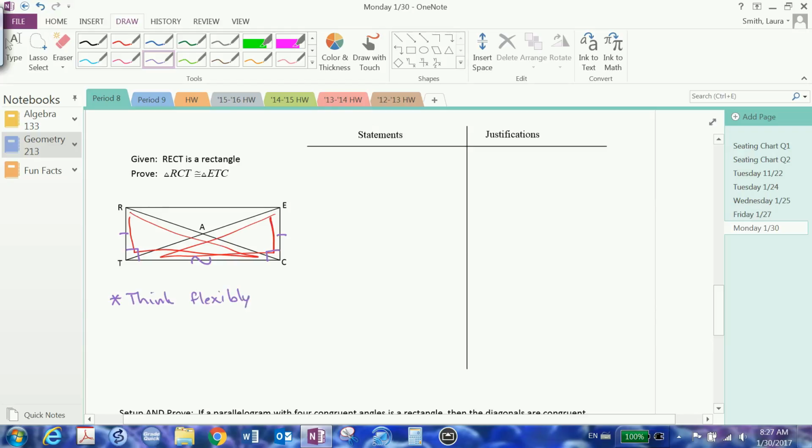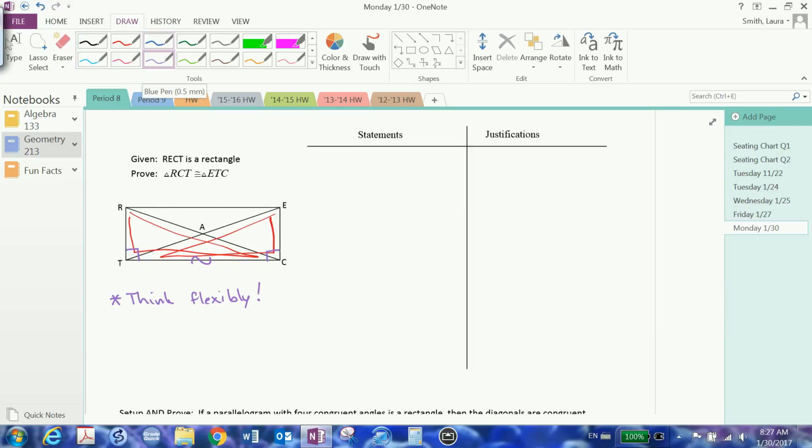So I could do this by side, angle, side, right? But again, I want to encourage you to think flexibly. Because there are lots of ways that you can do this. I could also, I think, do RHL, right?